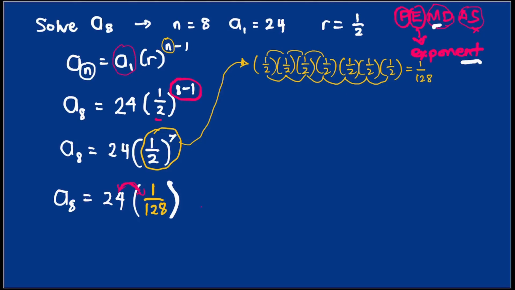So, paano mag-multiply niyan? So, automatically, yung 24, since it's a whole number, i-multiply lang natin si 24 dun sa 1. Sa taas lang. Okay? So we have A sub 8 is equal to 24 times 1, that's 24, over 128.